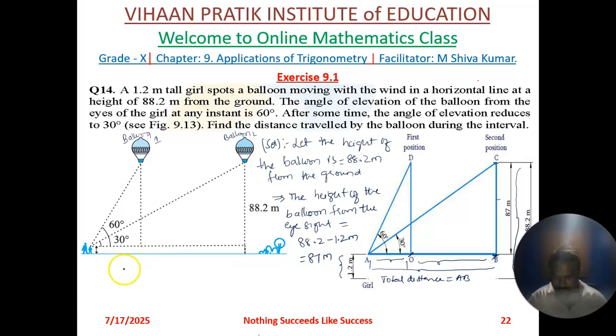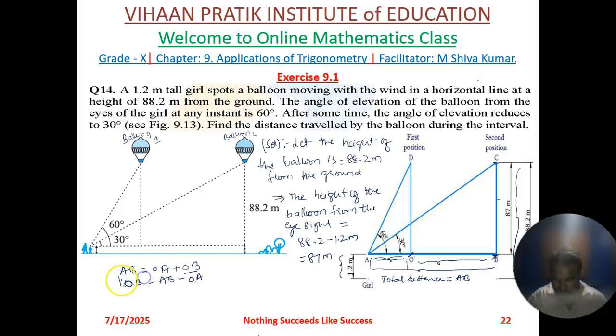So we need to find AB, which equals the distance OA plus the second distance OB. This is the total distance. From this we need to find OB. So OB equals the total distance minus the initial distance OA.